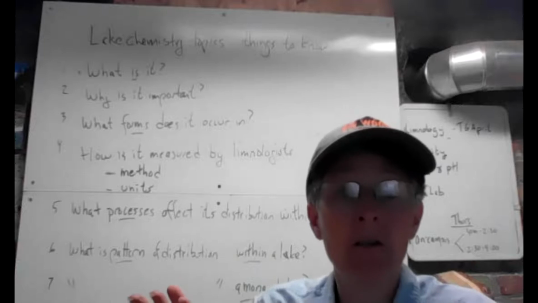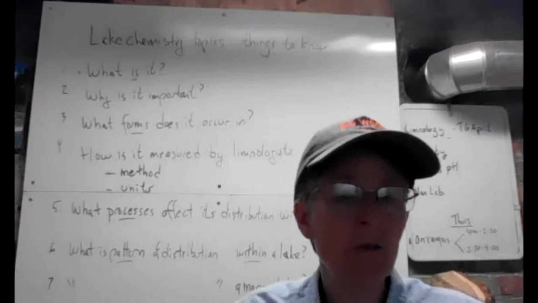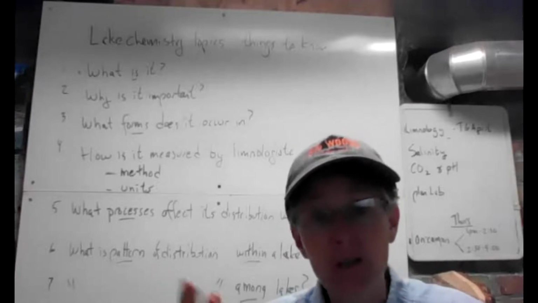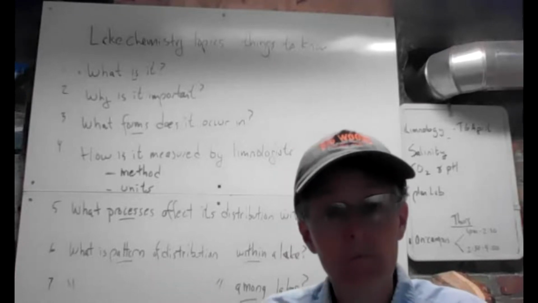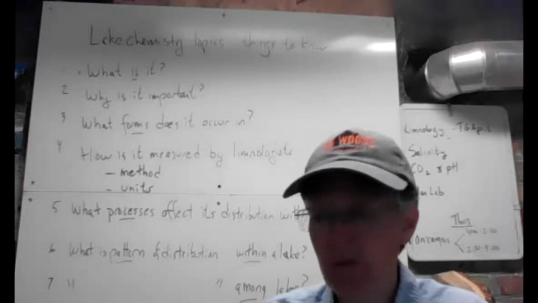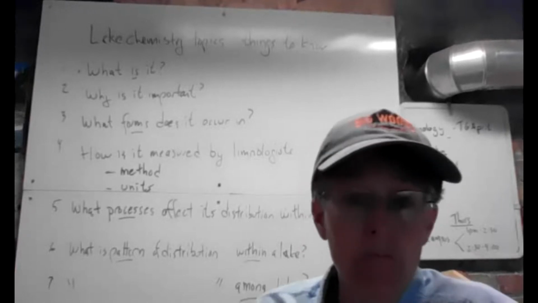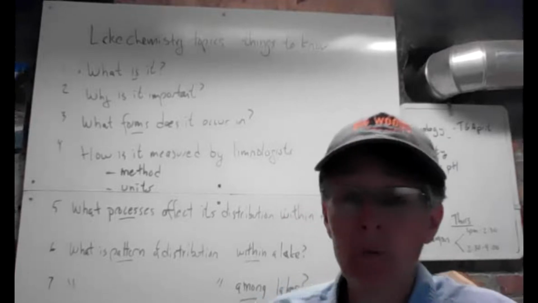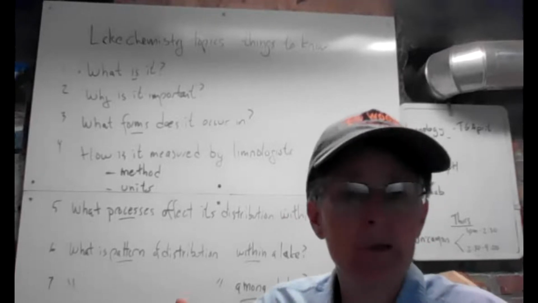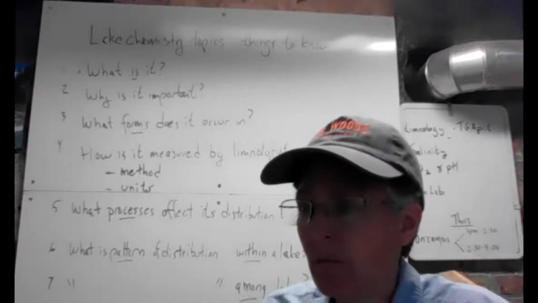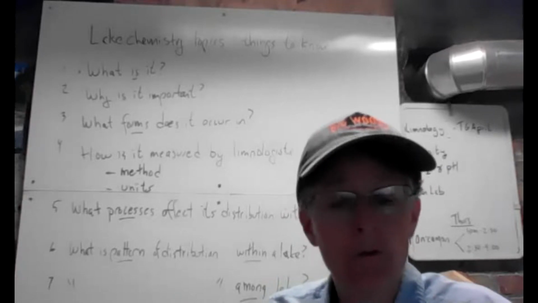Solid, liquid, gas, this molecule, that molecule, dissolved, solid. We want to know how it is measured by limnologists, what kind of equipment and materials they use to measure it, and what units are used to describe it.